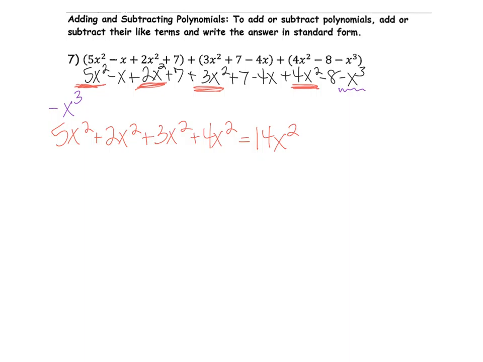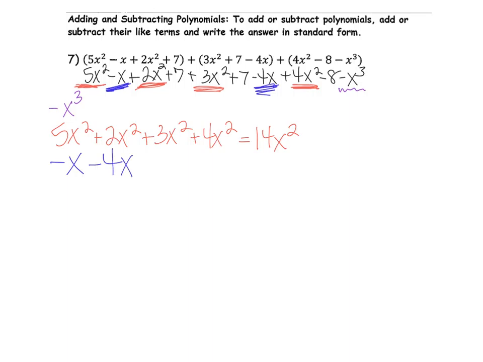I don't want to do black because that's not easiest to see. A blue. Okay. Now I'm just going to do what's next on my to-do list. The single x's. -x minus 4x.